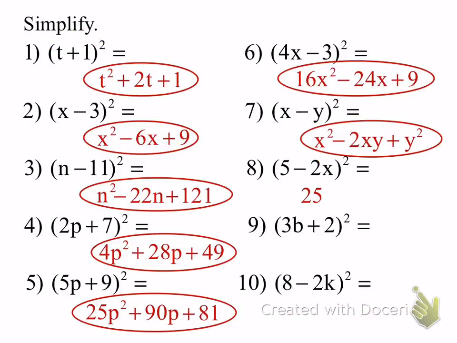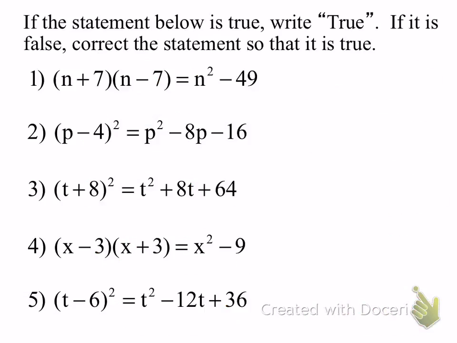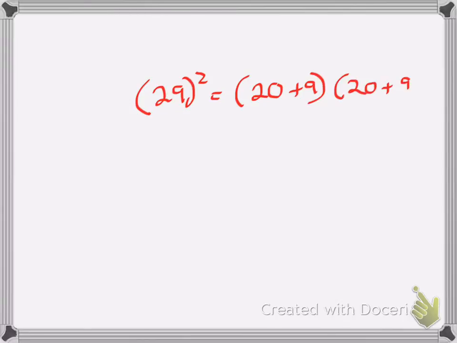Now, one more time, when I do this with numbers, okay? Let's just do this one right here. If I have 29 squared, I can also use this binomial product to break this down to 20 plus 9 times 20 plus 9.